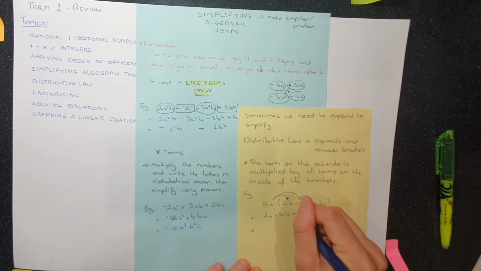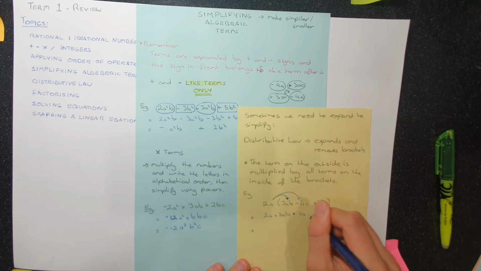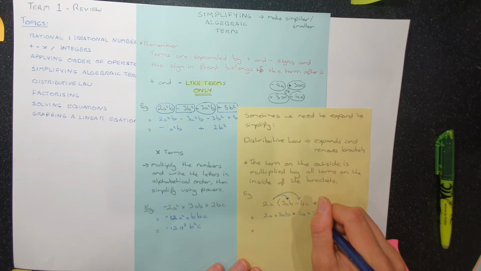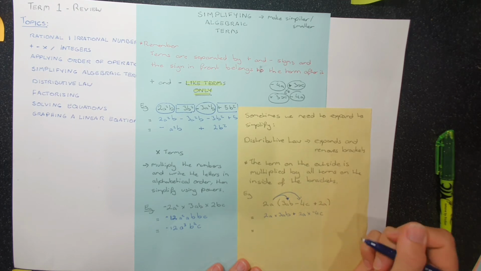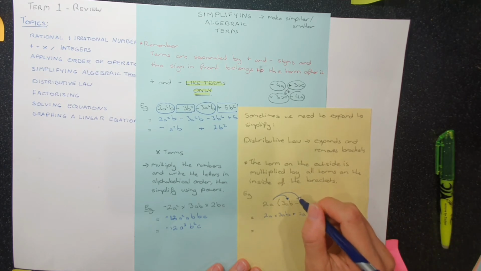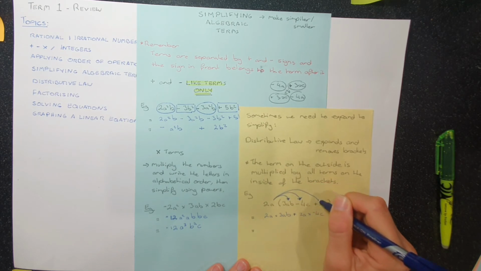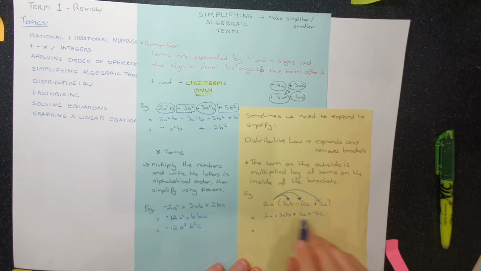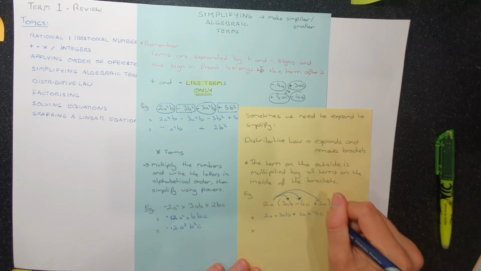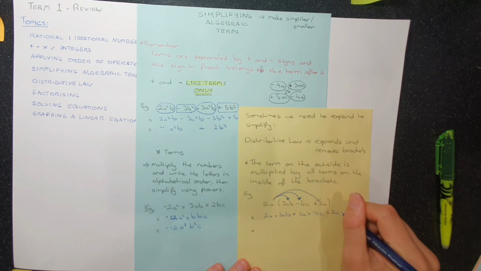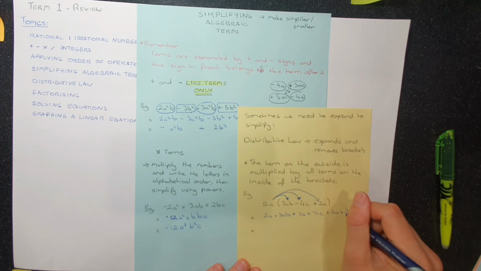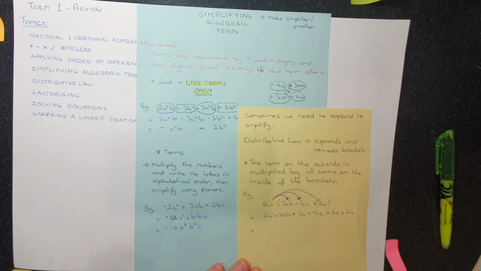So we'll put in a plus sign because plus 2a, positive 2a, multiplied by negative 4c. Then we'll go and put in our last one, 2a multiplied by positive 2a. Now 2a is positive, so I have to put in here positive 2a multiplied by positive 2a.